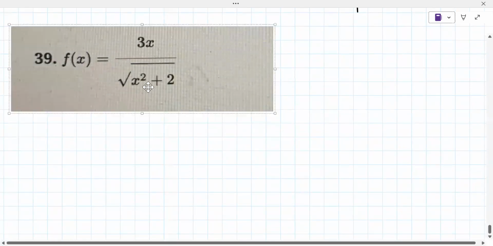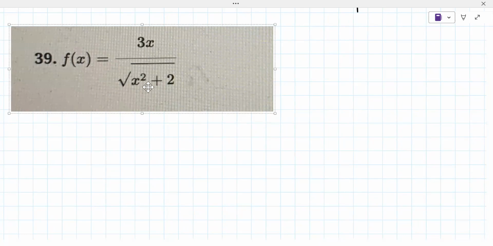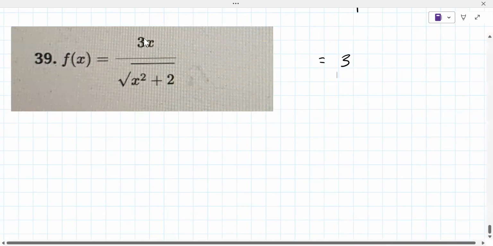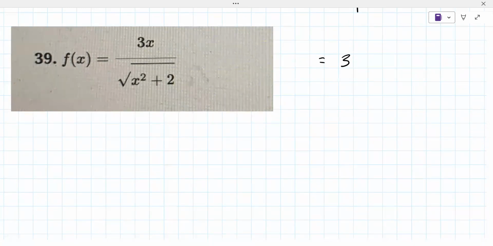Okay, you can do this by hand, but it's going to end up being 3, which you might be able to see why. These can get more complicated, but they usually are in the realm of, you've got to do them by hand.